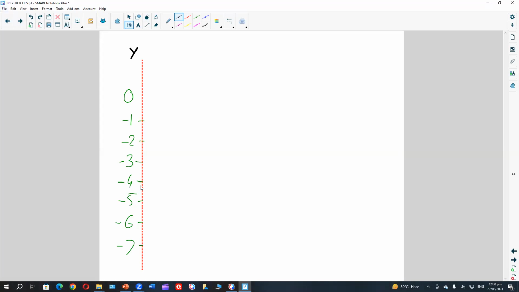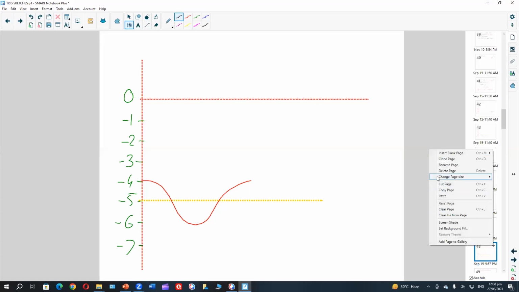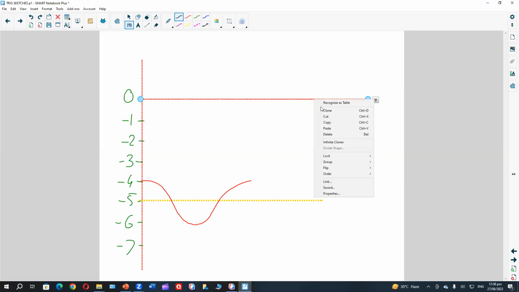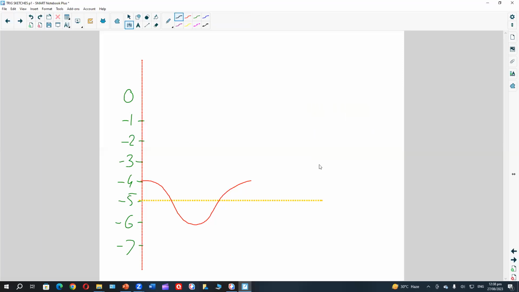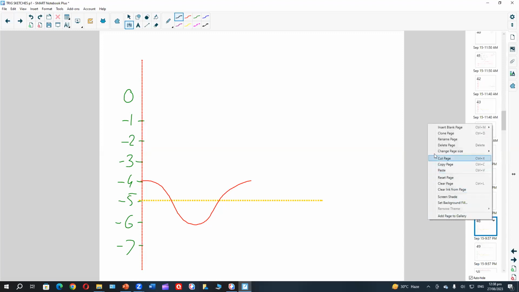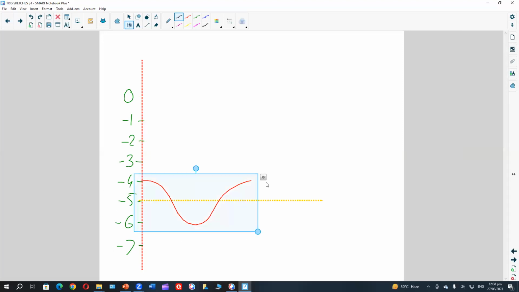Sir, I couldn't see the slide. Then you have to draw the virtual axis and draw the sketch. What is the number on which the virtual axis is drawn? Minus 5. Yes.